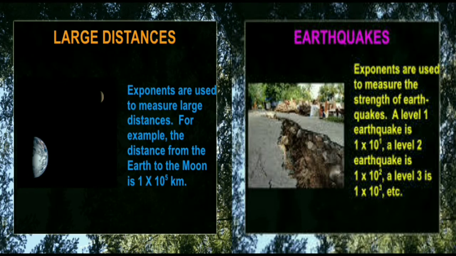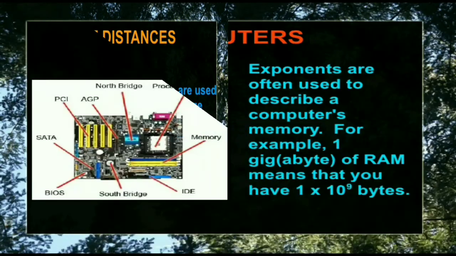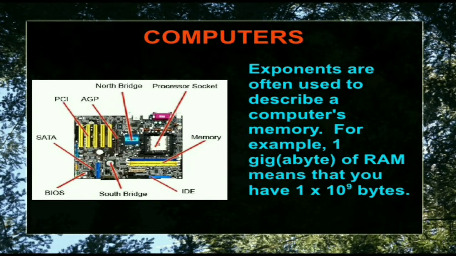A level 2 earthquake is 1 multiplied 10 raised to power 2, etc. For computers, exponents are often used to describe a computer's memory. For example, 1 GB of RAM means that you have 1 multiplied 10 raised to power 9 bytes.